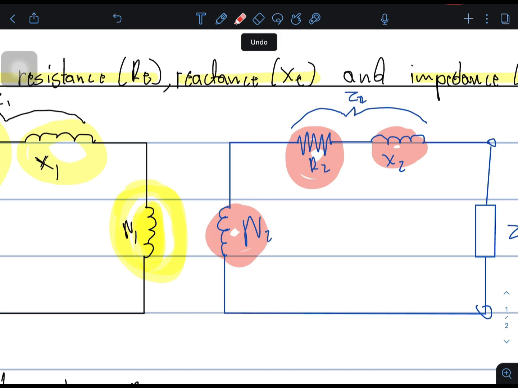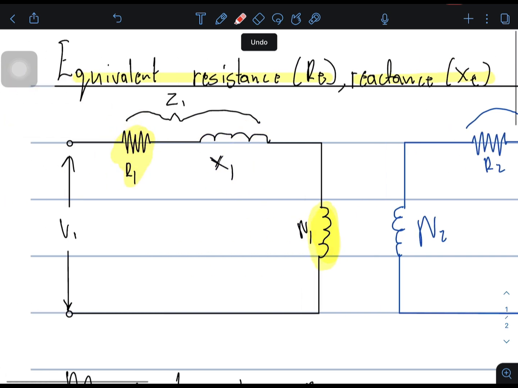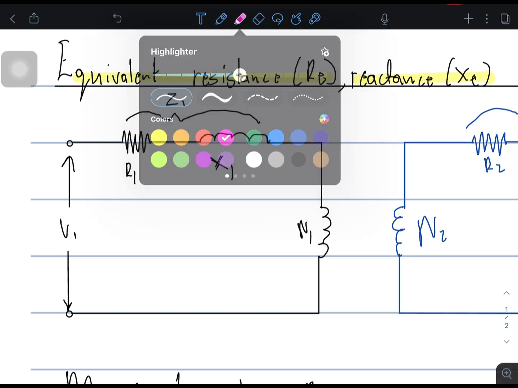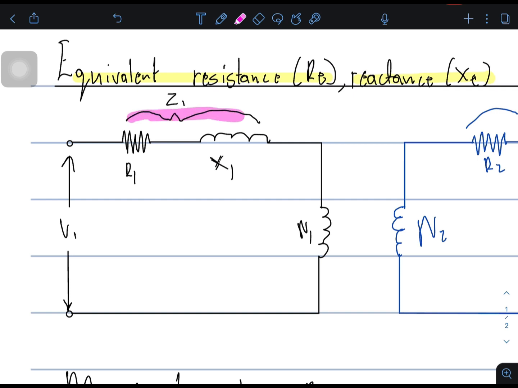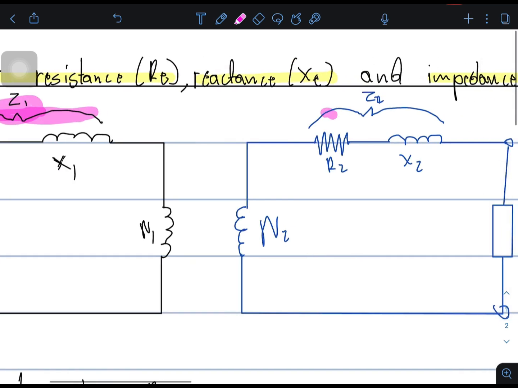Okay, let us go back. So guys, Z1 stands for the impedance of the primary winding overall. Then Z2 stands for the impedance of the secondary winding.